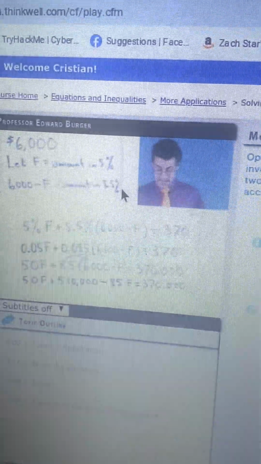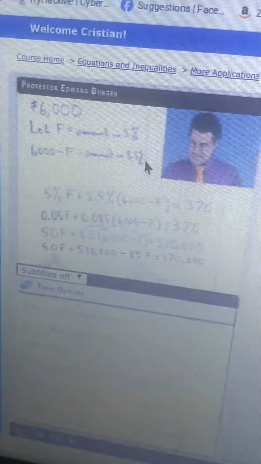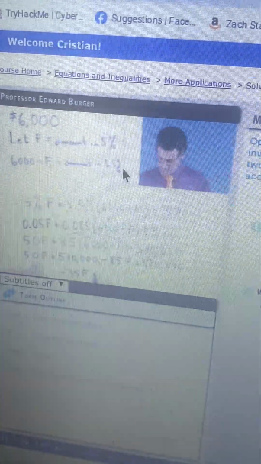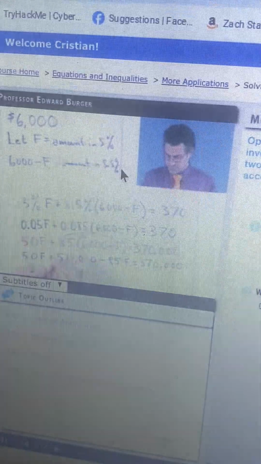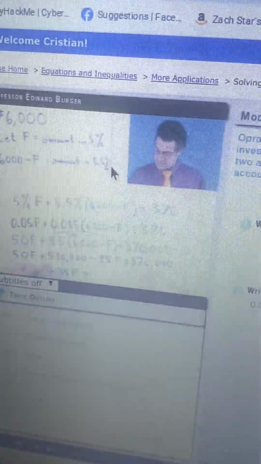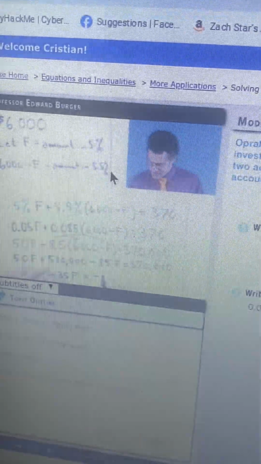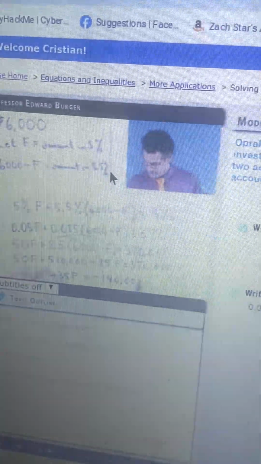All right, well now we can actually solve. If we combine all this, what do we see? Well, 50F minus 85F is negative 35F. So we have a negative 35F, and that equals, if I subtract 510,000 from both sides, it disappears here, and then I have 370,000 minus 510,000, and so I see a negative 140,000.